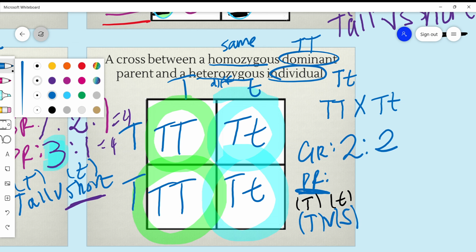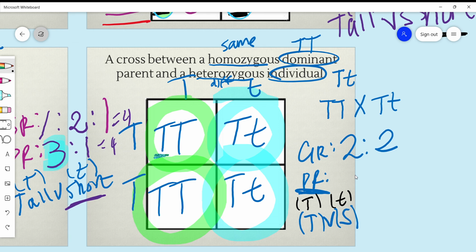Tall dominant means it has an uppercase T as the first one. In this case, we would have 4 tall. Out of these 4 letter combos, how many are going to be short? If it's short, it's going to have a lowercase t as the first one. In this case, we have none.